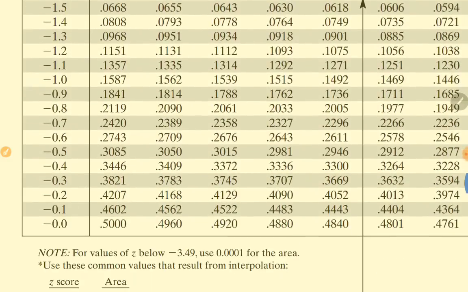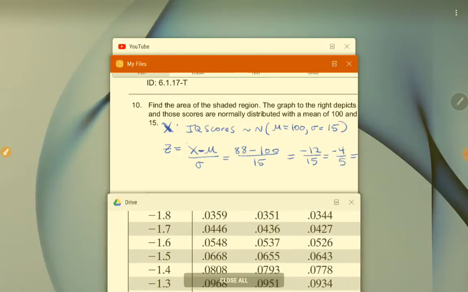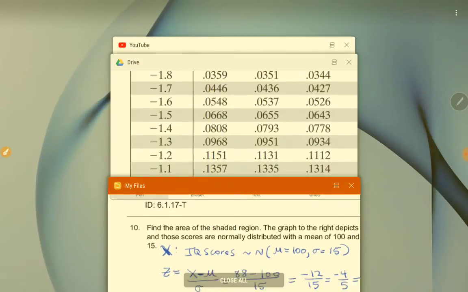All right, so the area to the left of that boundary is 0.2119. So that's this region right here, that's my left area. I talked too much and I forgot what the answer was.